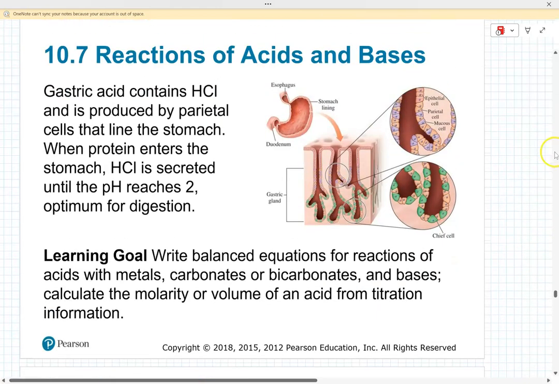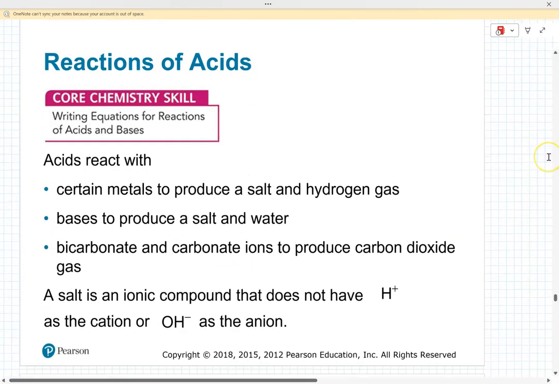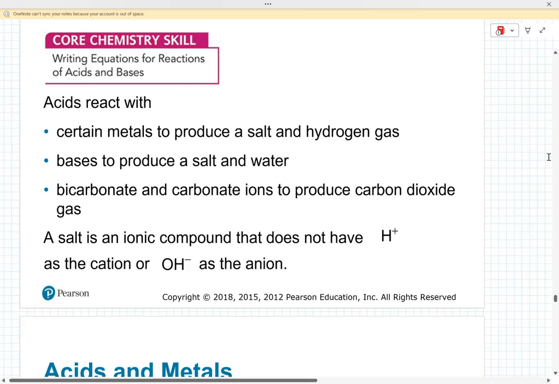Now we're going to chat about the reactions between acids, bases, and some other compounds. Acids, of course, react with a lot of different chemicals, but we're going to focus on reactions with metals, reactions with bases, and reactions with bicarbonate and carbonate.